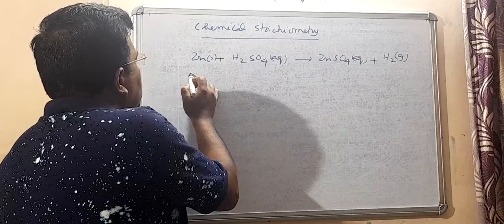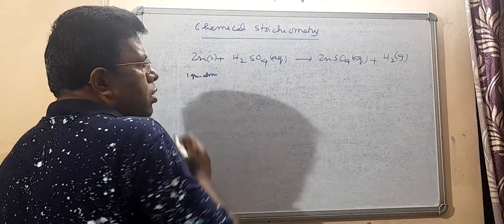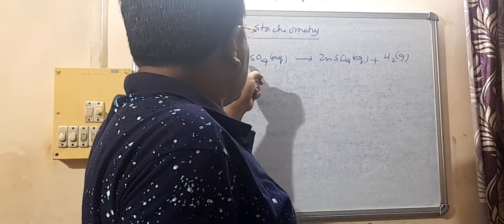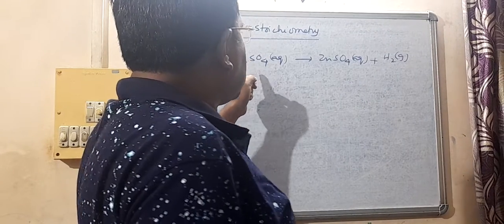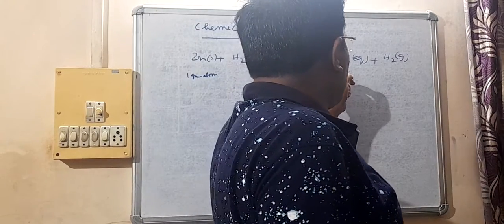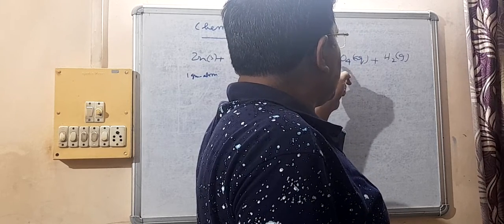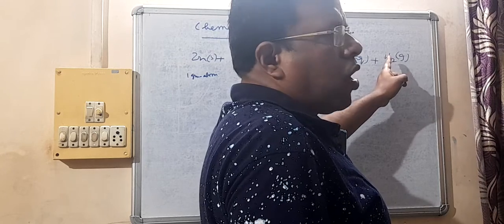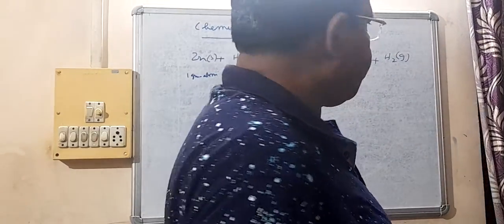It also signifies that 1 gram atom of zinc or 1 mole of zinc reacts with 1 mole of sulfuric acid or 1 gram molecule of sulfuric acid to form 1 mole of zinc sulfate or 1 gram molecule of zinc sulfate, and to form 1 mole of hydrogen or 1 gram molecule of hydrogen.